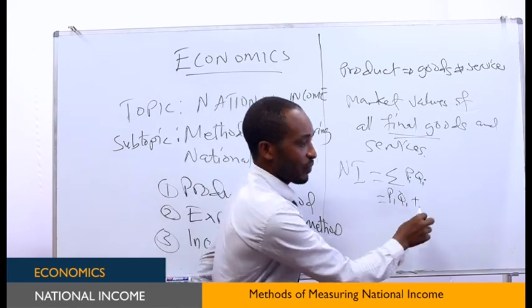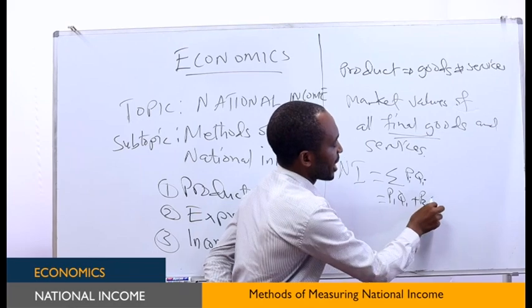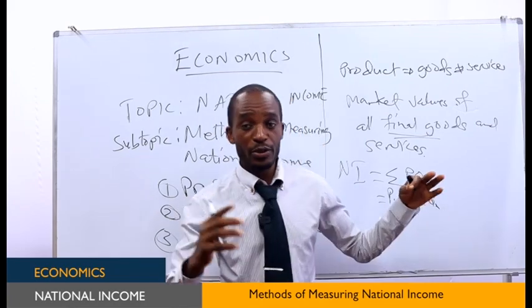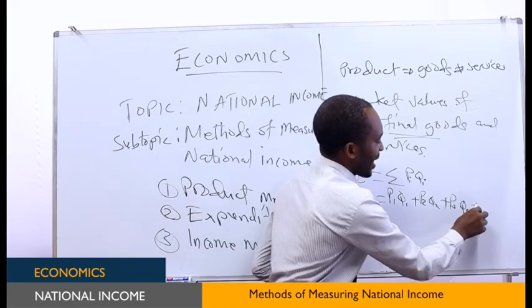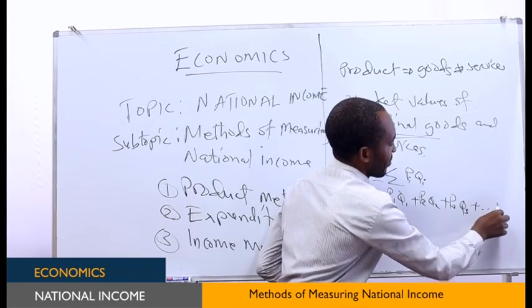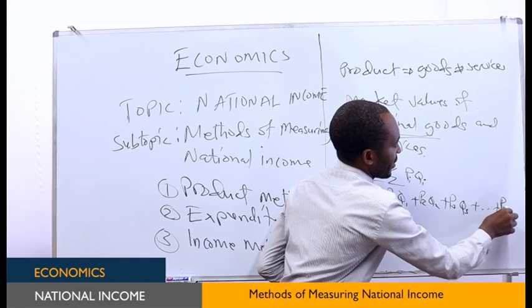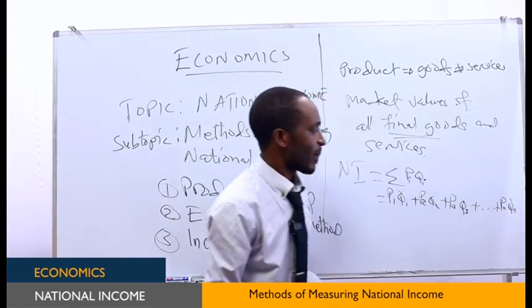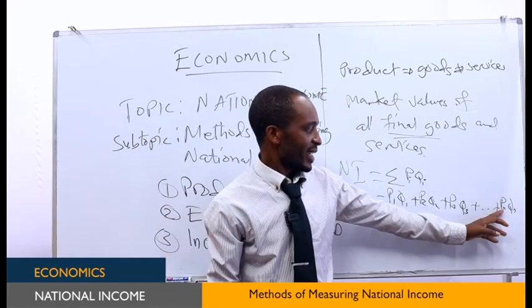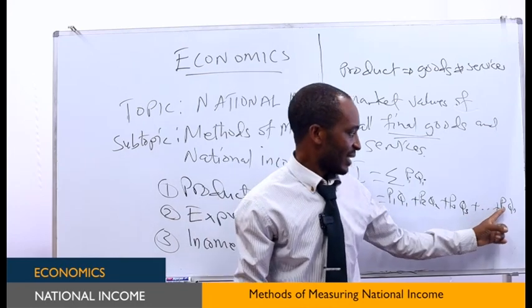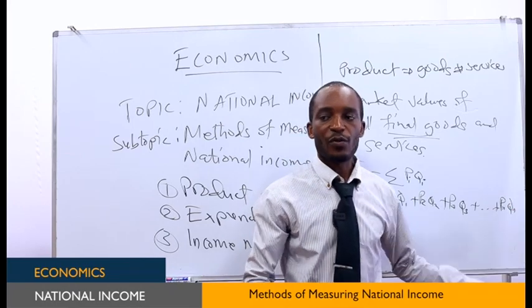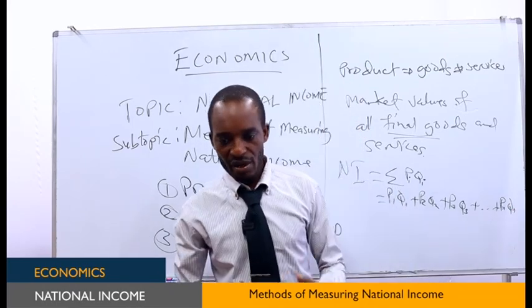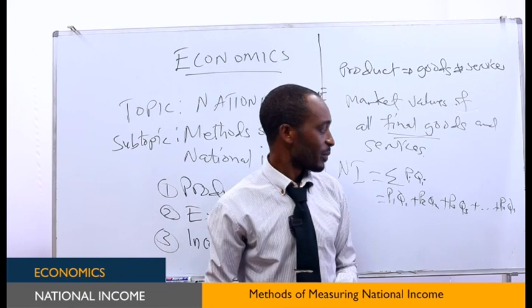So you take the price of maize, which is P2, times the quantity of maize produced in the whole country. Then you add plus dot dot dot plus Pn times Qn. So n stands for the number of different goods and services we are producing in our economy.